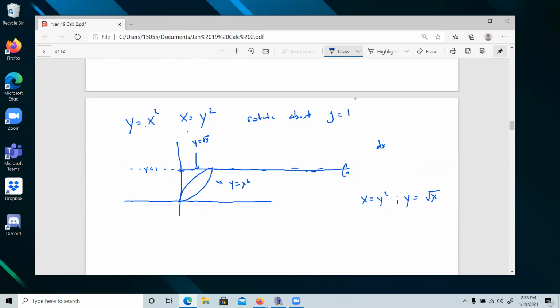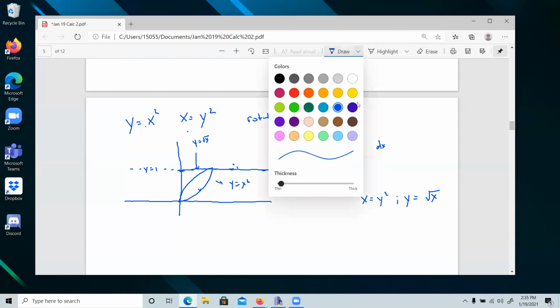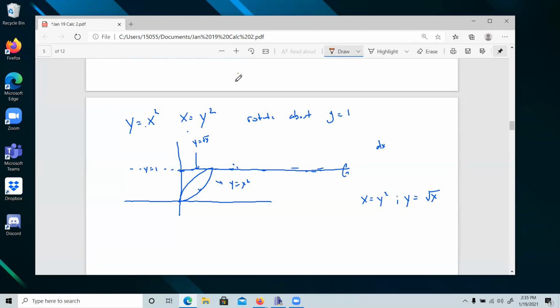Okay. So if this is my axis of rotation here, okay, then that one, hold on, let me do it this way. Red could be a nice outside function. This is going to be your outside function, right? Your outside radius.